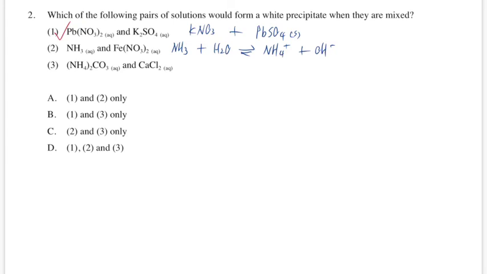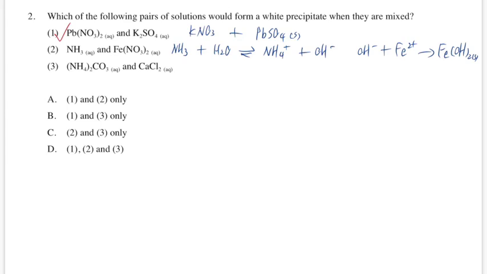Then this hydroxide ion reacts with iron 2 ion and gives a precipitate, which is iron 2 hydroxide. Although it forms a precipitate, pay attention to the question. It asks which one will give a white precipitate. Remember, iron 2 hydroxide is not white in color, so we should not put a tick for the second one.